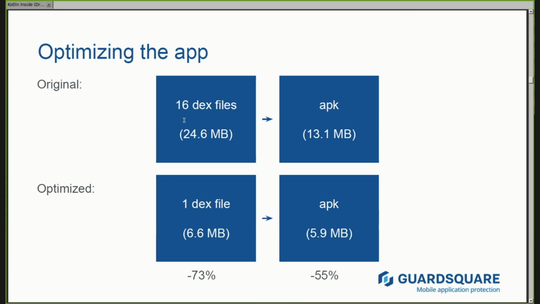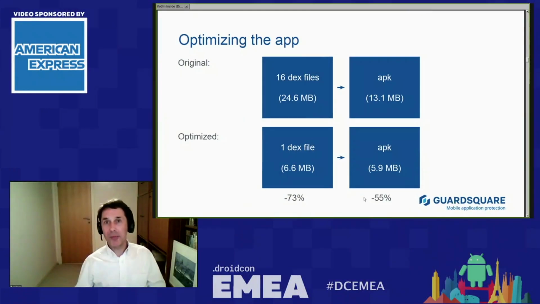Looking at the result of that, we originally had these 16 Dex files resulting in an APK file. And by optimizing that, it gets reduced by 73% in terms of Dex file size and 55% overall for the resulting application. So that already shows that it's very useful to process your application to optimize it.